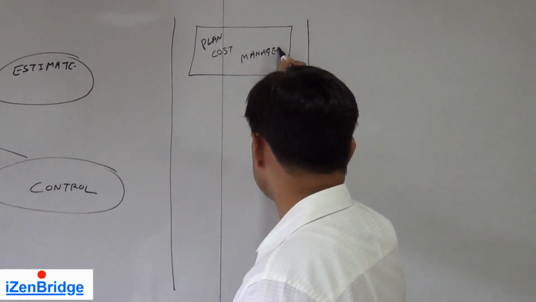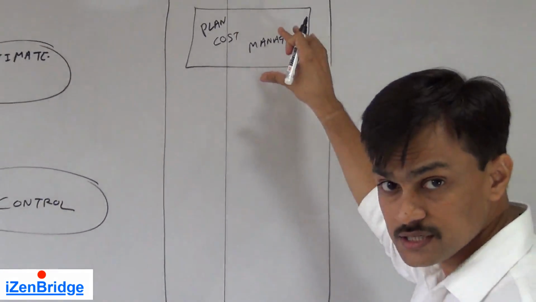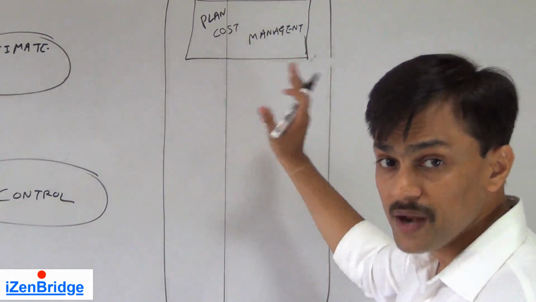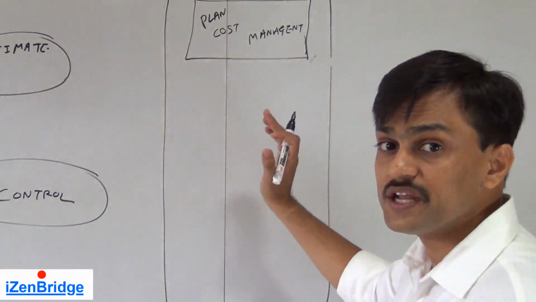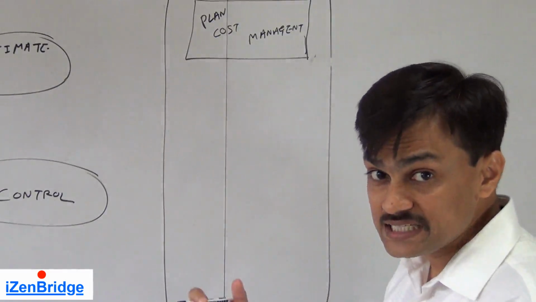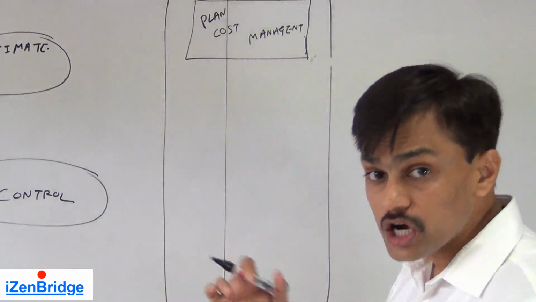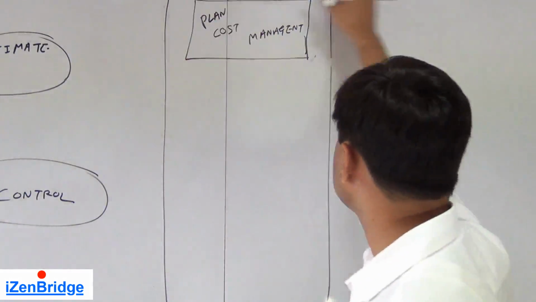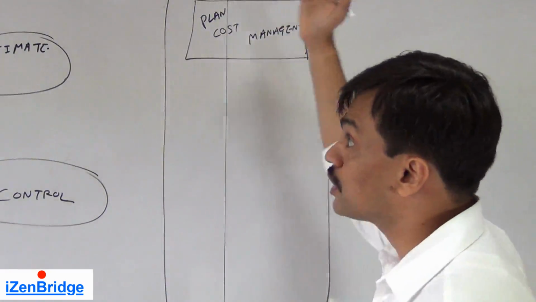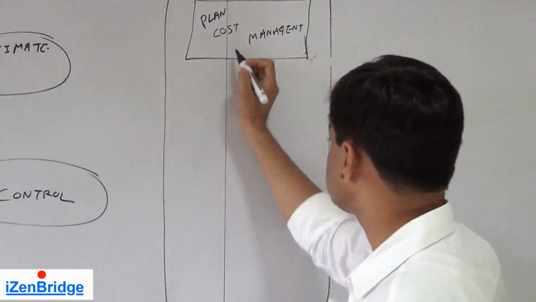This process gives us the project cost management plan, which tells us how we are going to estimate, budget and control costs. So how we are going to manage the complete knowledge area is defined in the cost management plan.